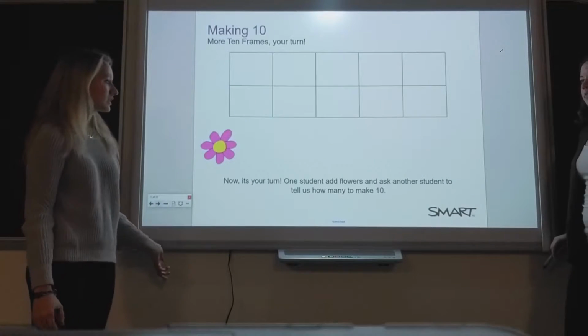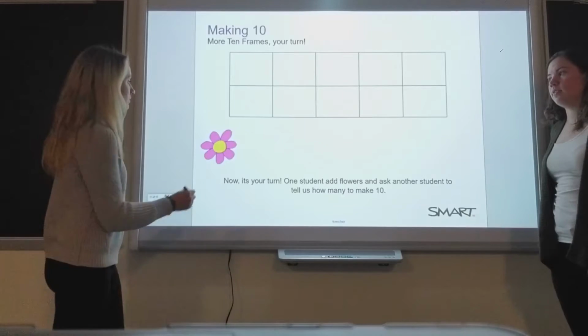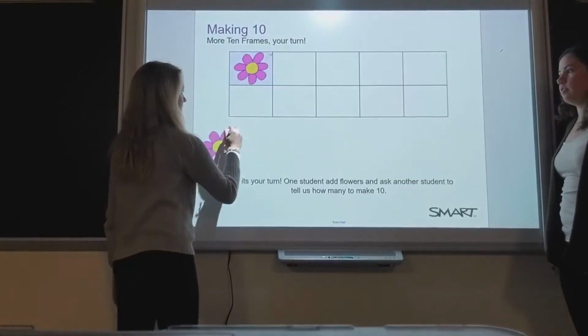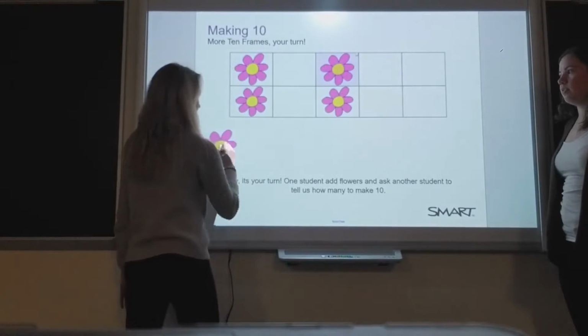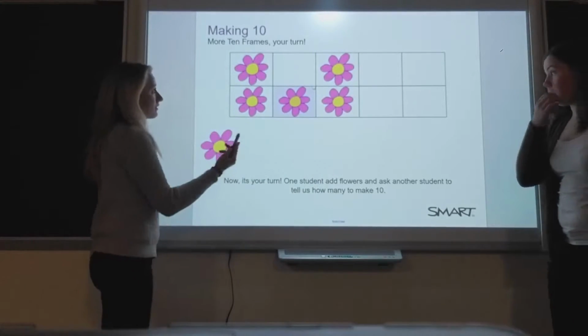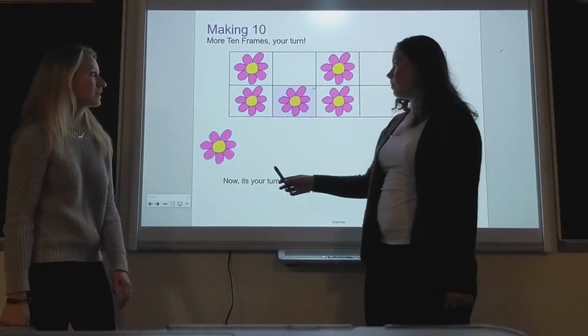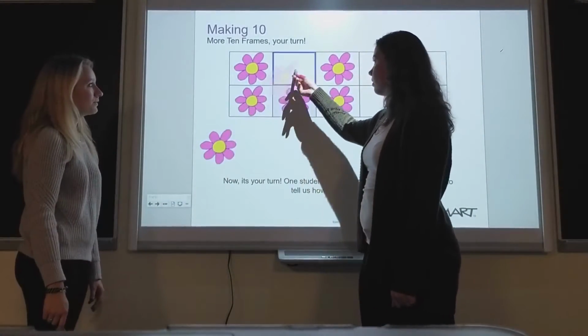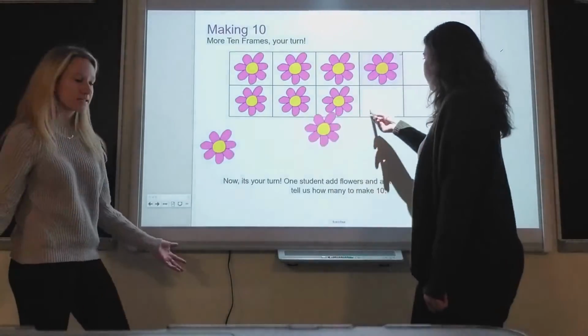After that, we would turn it into a game. So we would call on 2 separate students. The first student would come up and fill a random number of boxes, whatever they feel like, as they count. So the first student, let's say they filled in 5, they'd call in a second student and they would come up, and their job is to fill the rest in and say how many more it would take to make 10.